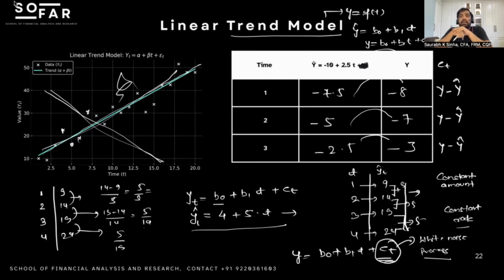Not never, but hardly. Once in a blue moon, once in a year, or once in a month. There would be a very short period of time you observe that the stock price is linearly increasing or linearly decreasing. That happens, but for a very short period of time.